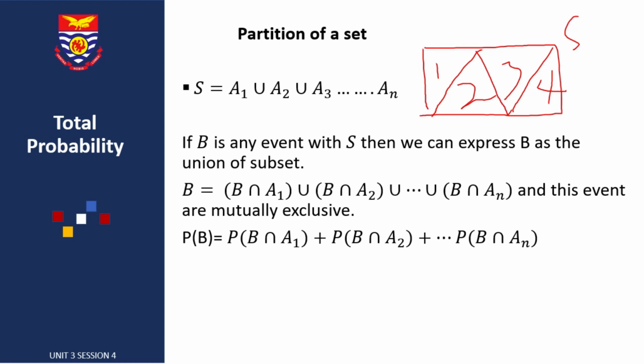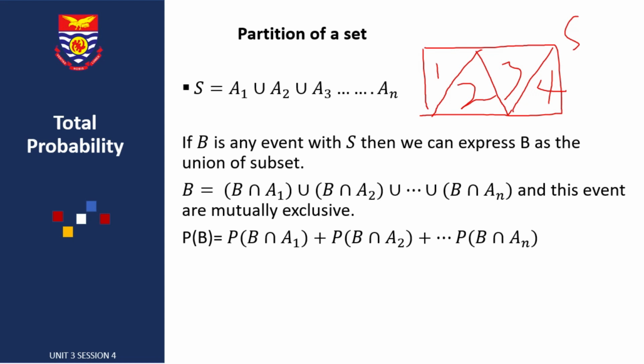And when you find the union of all the partitions, it should give us the sample space. Assuming the first one is A1, the second will be A2, A3, and A4. That's what we mean by partitioning of a sample space into subsets.